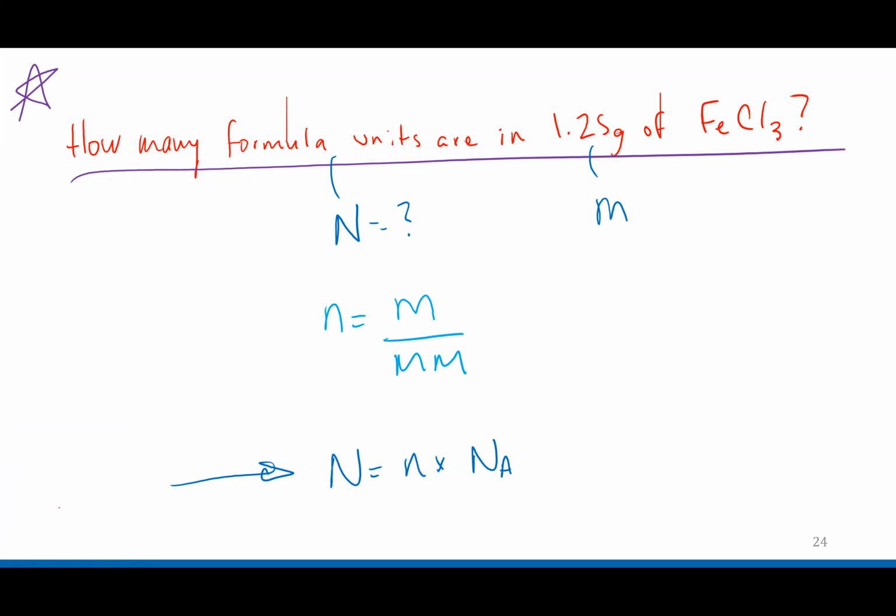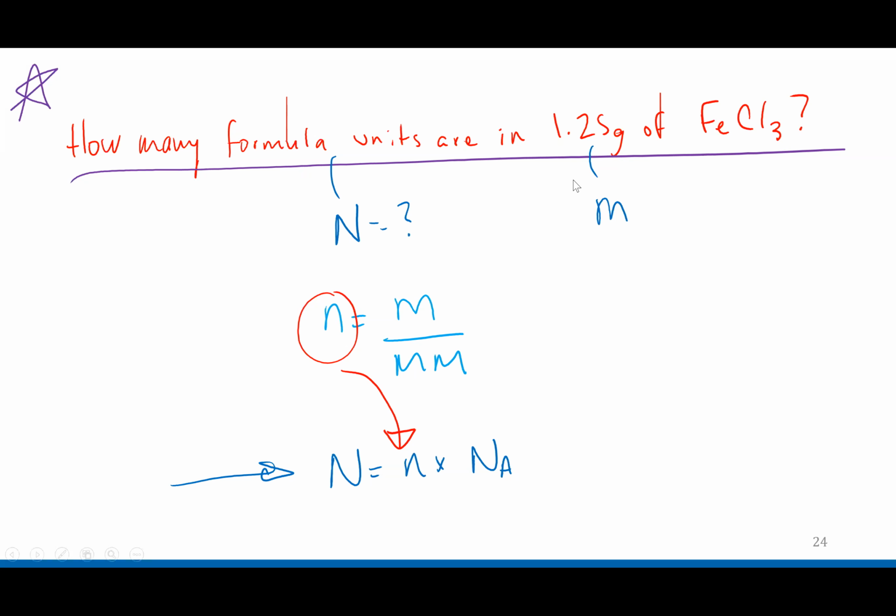And then you just take whatever your answer is and put it in here. So arguably, this is a two-step problem. Find moles, put it into my equation. But there is another step here. I need to find the molar mass first before I can do the first calculation.